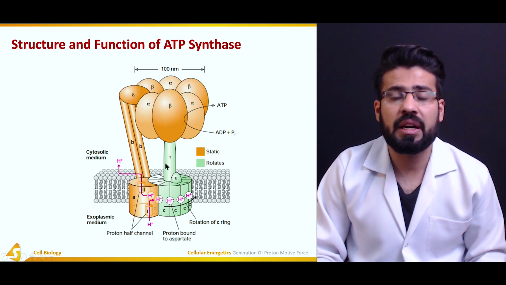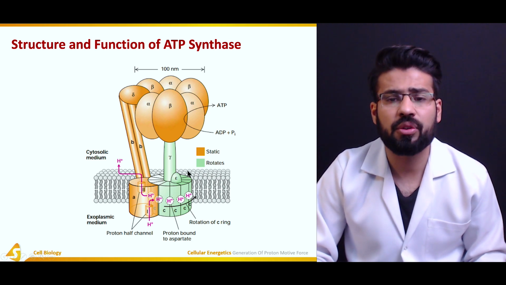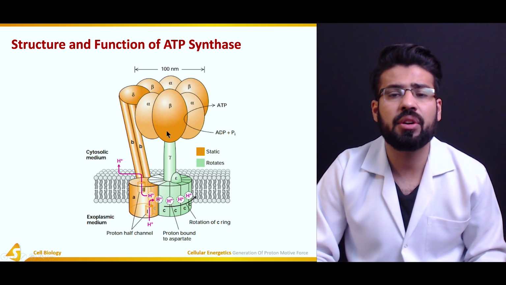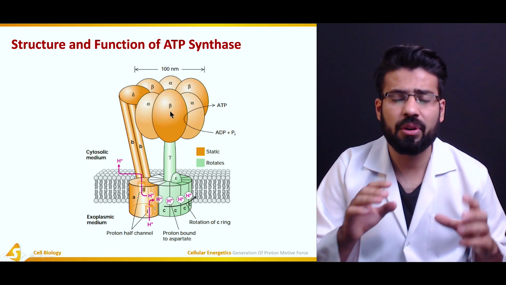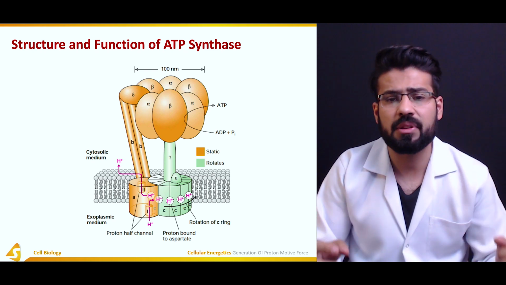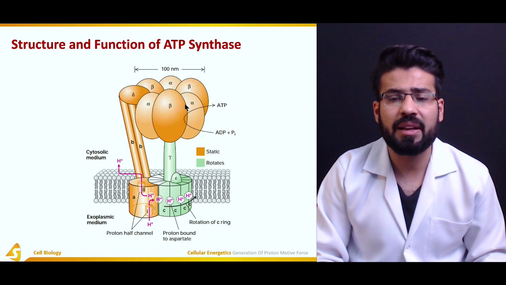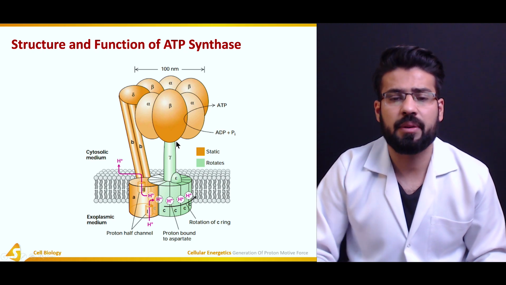This F0 subunit is bound with the F1 subunit through the gamma subunit. It is going to cause the rotation of the beta subunit, and because the beta subunit is attached with the alpha and the rest of the beta gamma subunits, it is going to rotate in a coordinated manner, resulting in the production of ATP.